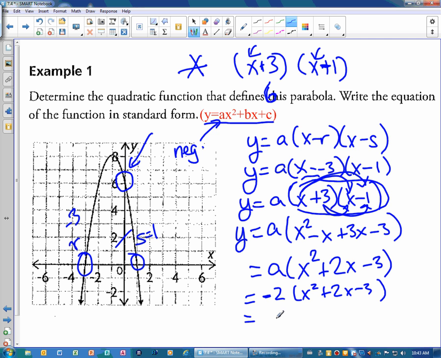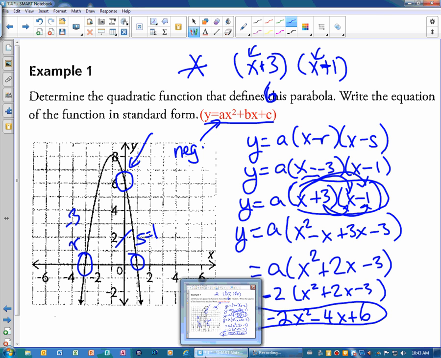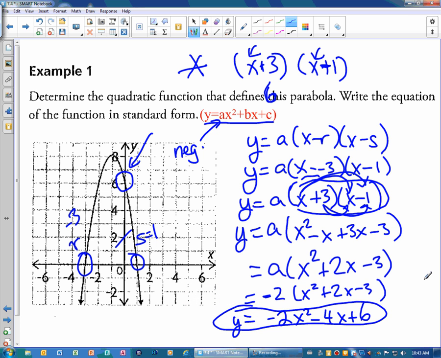So once I fully expand it, I have negative 2x squared minus 4x plus 6. And there's my equation. Okay? So hopefully the factoring doesn't hold you back from this lesson. If it does, come and get help. And as always, come and get help anytime you need throughout the lesson. Okay, good luck.